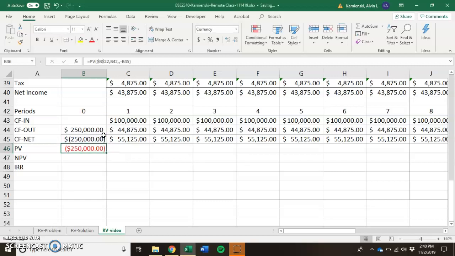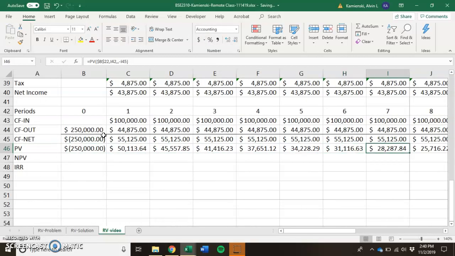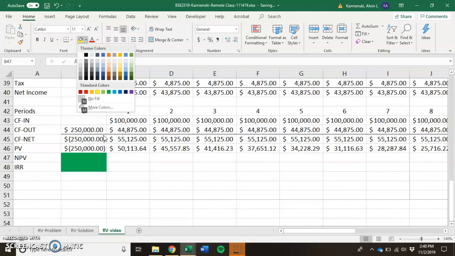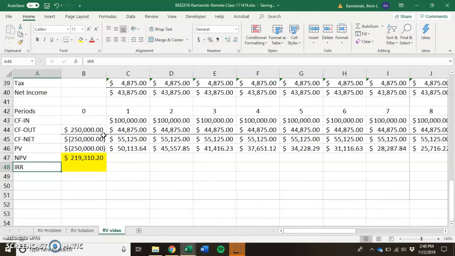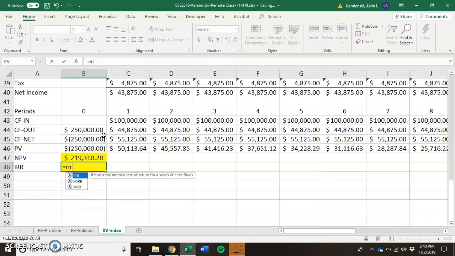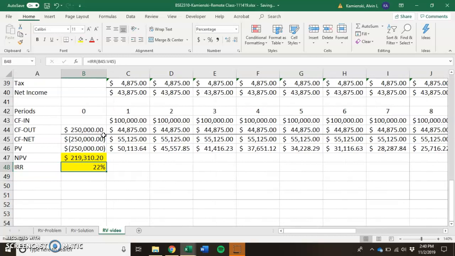Switch the sign on cash flows net, copy and paste that over, and we see the declining value in our net cash flows over time, so that we can calculate our NPV as the sum of all those present values, and then our IRR as being a value calculated off of the cash flows net, leaving us then with an NPV of $219,000 and an IRR of 21.61%.